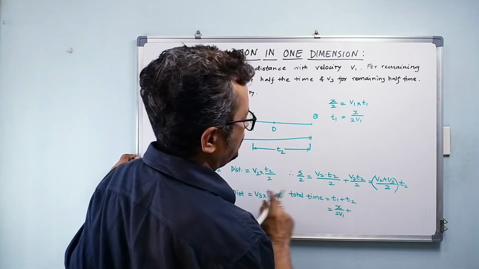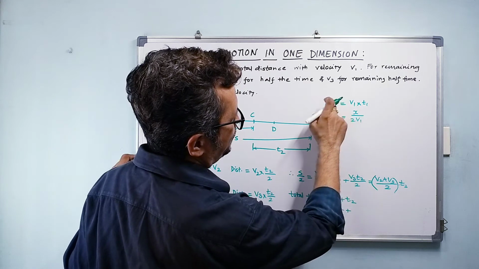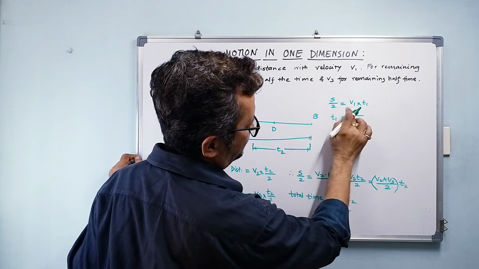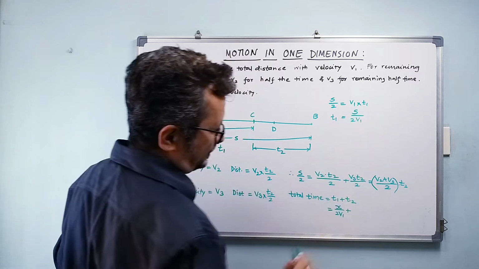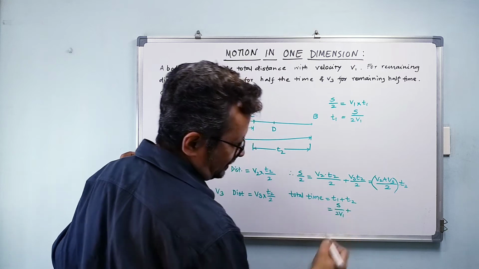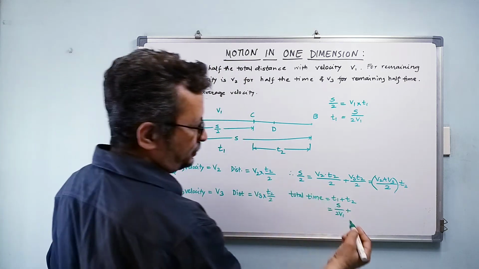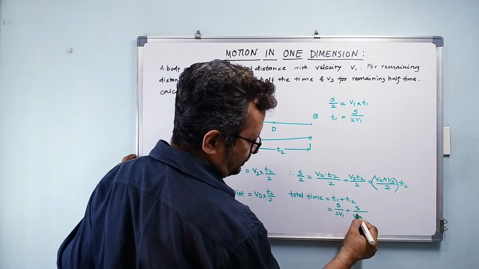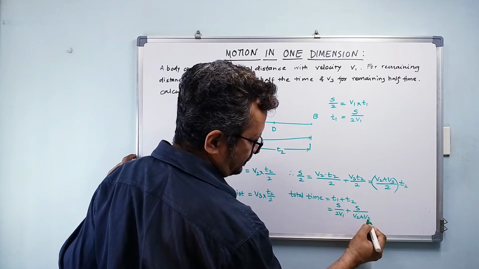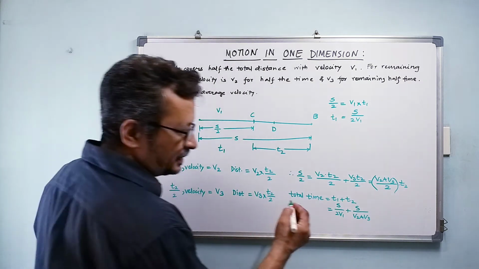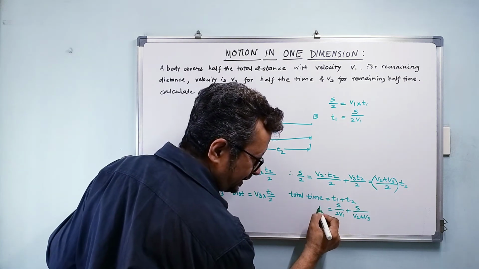I wrote X here, I should have written S here. It was, I would say, a typo. So my t2 is going to be equal to S upon v2 plus v3, right? And total time is, let us call it T.